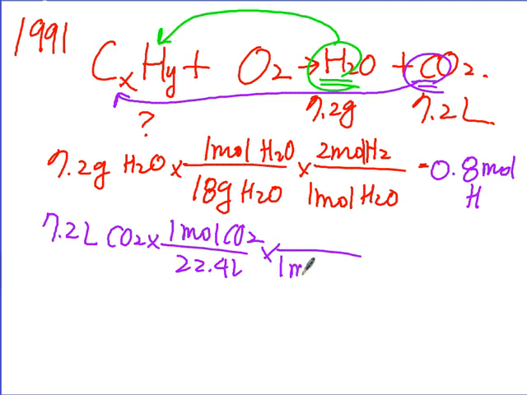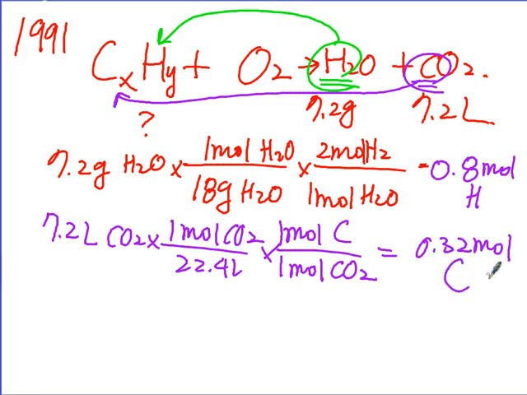So for every 1 mole of carbon dioxide, I have 1 mole of carbon. I do the math and I get 0.32 moles of carbon. Because H2O has 2 hydrogens, there are 2 moles of hydrogen in 1 mole of water. So I have in this whole thing 0.8 moles of hydrogen and 0.32 moles of carbon.